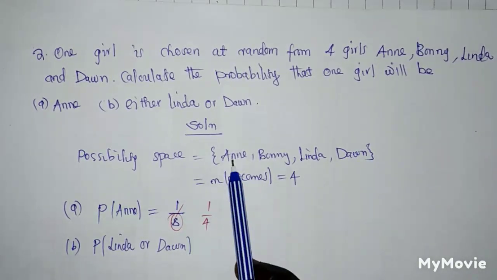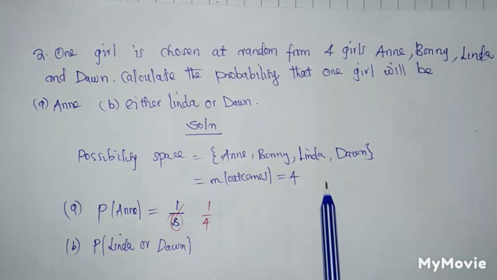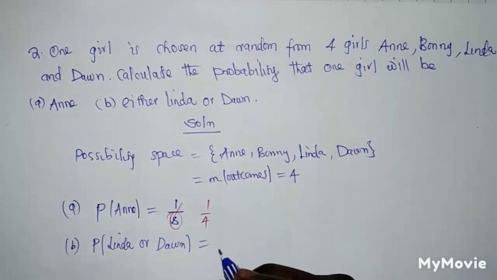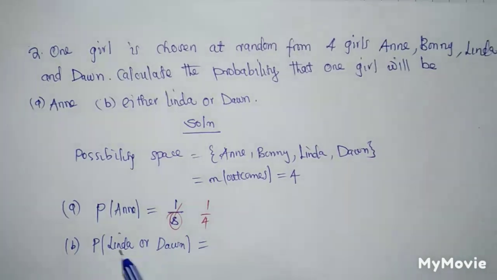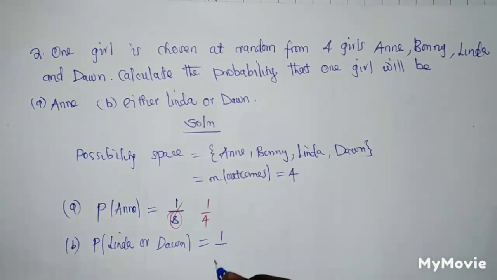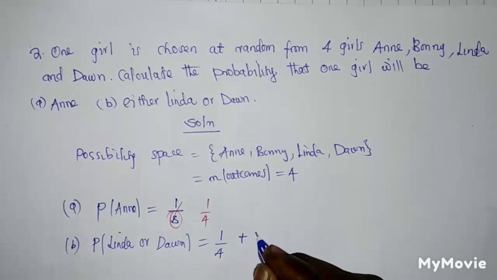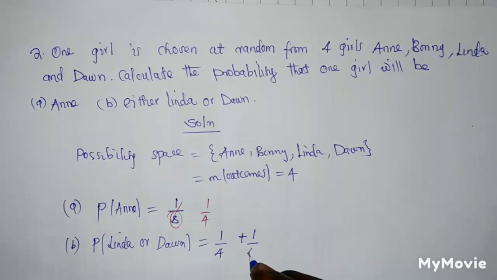You can see here there are 4 girls: Annie, Bonnie, Linda, and Dawn. Now we just want to find the probability of picking either one of these. So the probability of picking Linda is 1 over 4, and the probability of picking Dawn is the same, 1 over 4.